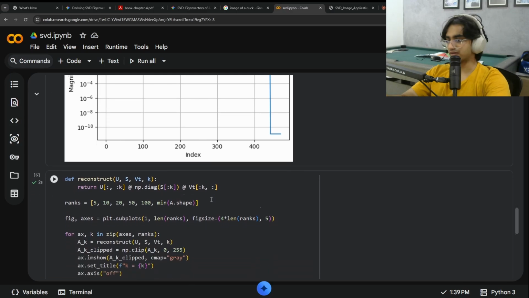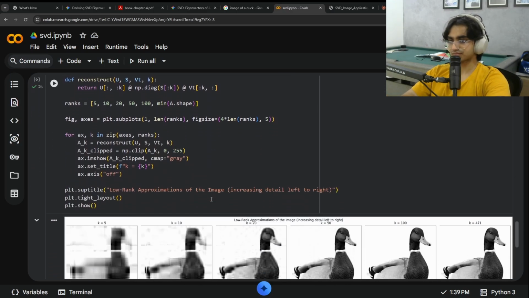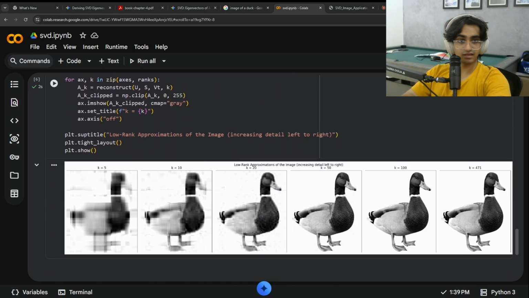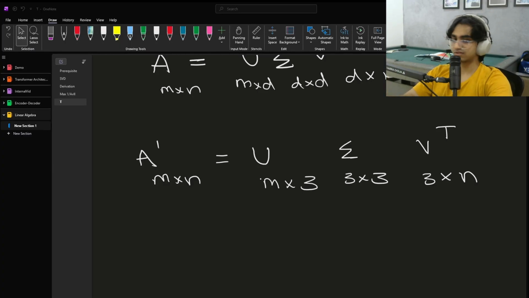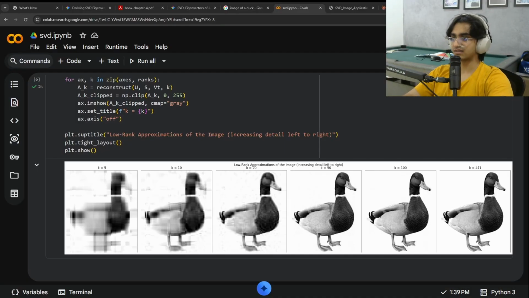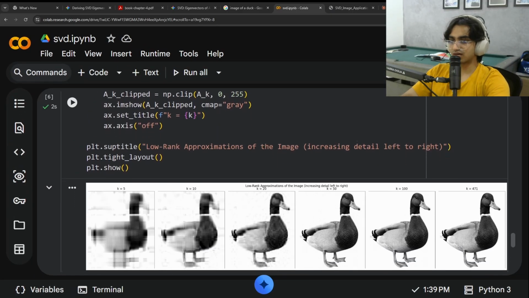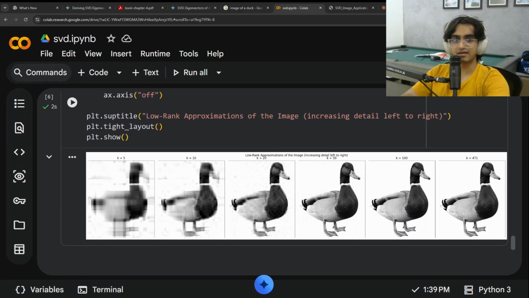In this code over here, if we remember, I took 3. Instead of taking 3, I've tried different values. I've tried 5, 10, 20, 50, 100, and 471. On the extreme left is when we just take 5. At k equal to 10, we can see the image does get clearer.